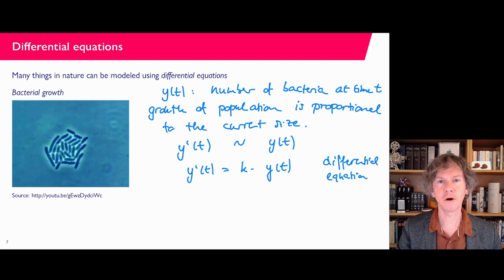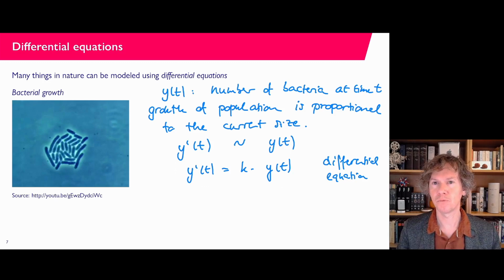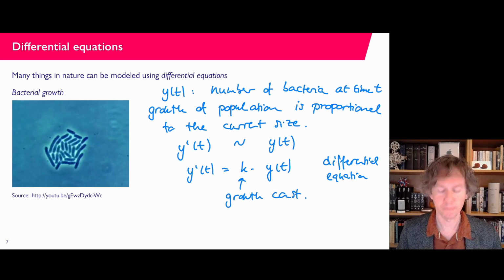I'm trying to find the function y of t, and I have an equation for it in terms of its derivative. And that is a differential equation. And then, since I'm naming things, the constant, we also give that a name here for the application. It is called the growth constant. So it's a fixed number.